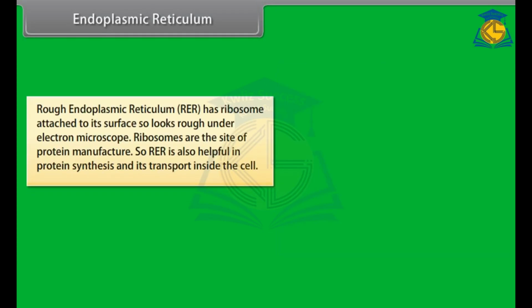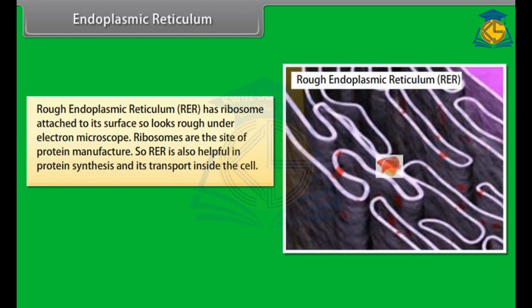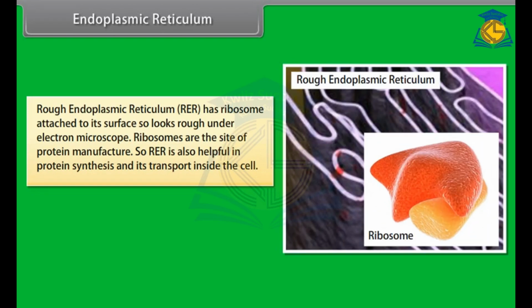Rough endoplasmic reticulum, RER, has ribosome attached to its surface, so looks rough under electron microscope. Ribosomes are the site of protein manufacture, so RER is also helpful in protein synthesis and its transport inside the cell.